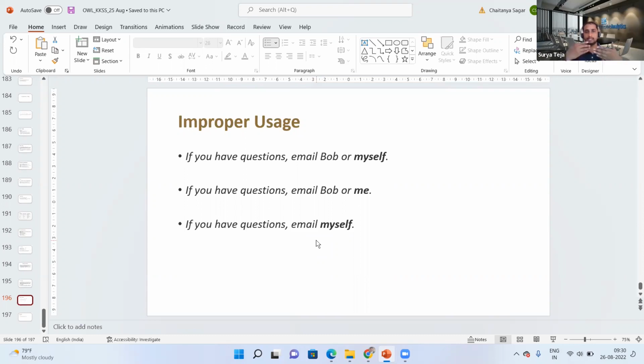So I is actually used in the subject form, Chaitanya. So here, you is the person who is initiating the action. Bob or me are at the receiving end. So Bob or me is definitely the object. So we cannot use I in the object form. So I always comes in the subject form, and me comes in the object form.